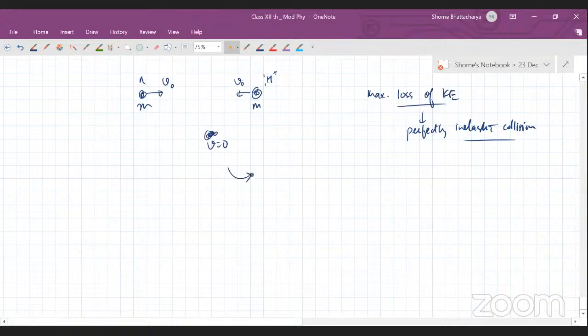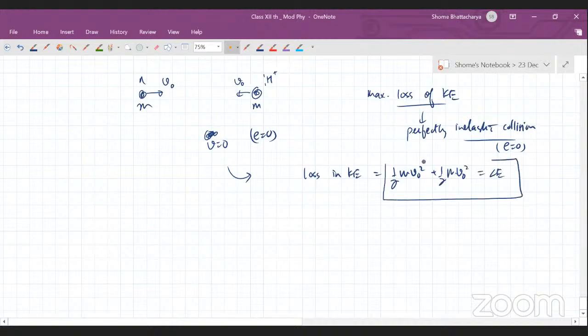So the loss in kinetic energy for the system will be equal to half mv square plus half mv square. So this should be equal to transition energy.